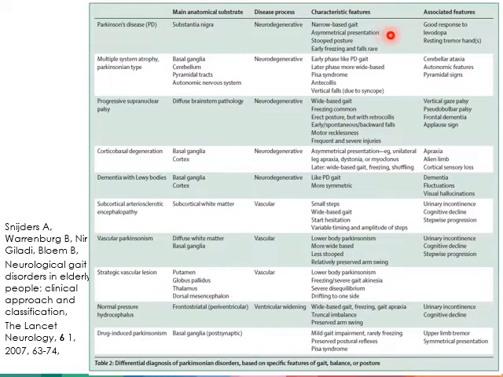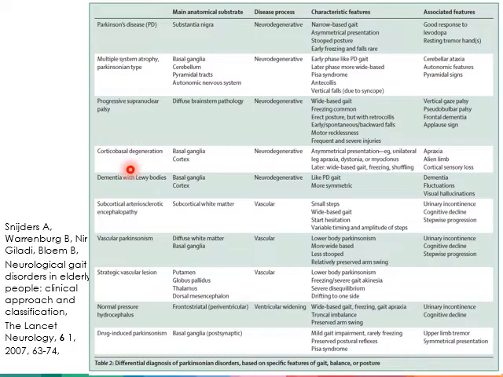One side is more affected than the other, stoop posture, and early freezing and falls are rare. However, in other Parkinsonisms, for example, progressive supranuclear palsy, the gait pattern of the patient is a very wide base gait. Freezing and falls are common early in progressive supranuclear palsy.